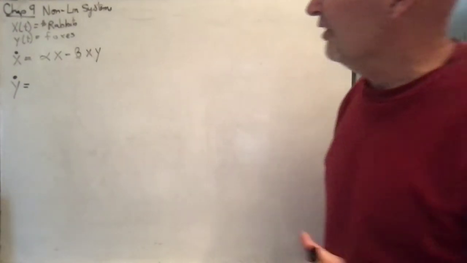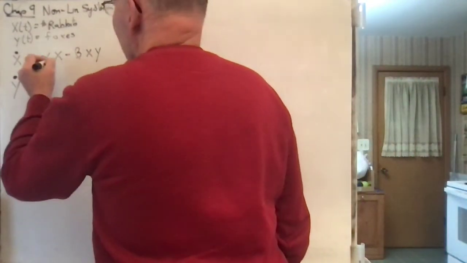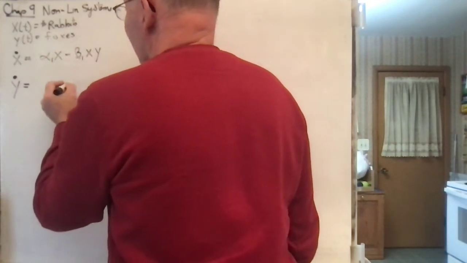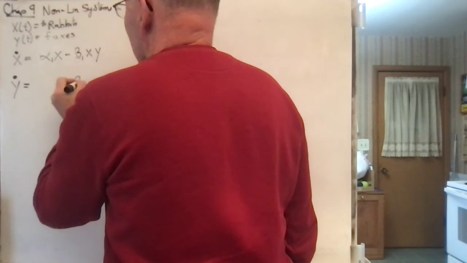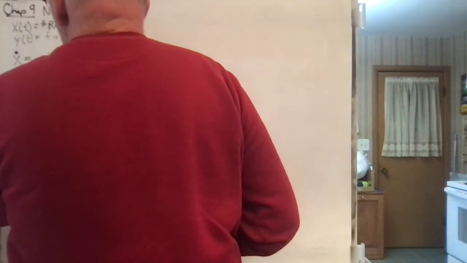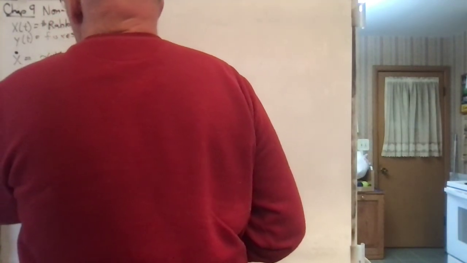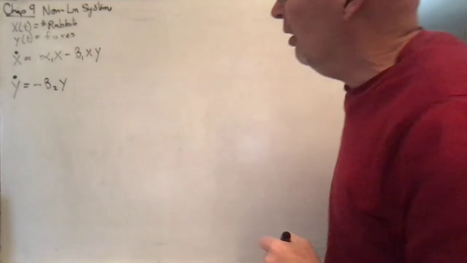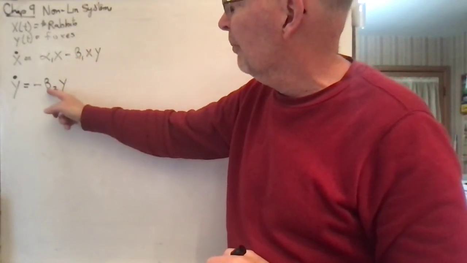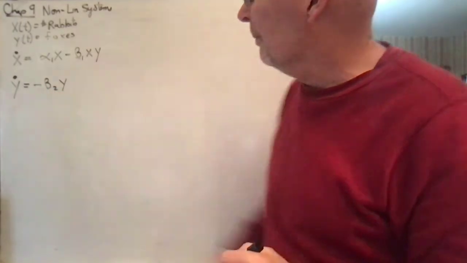What about the foxes? Again, let's put it like that. If there were no rabbits at all, then the foxes would die out. Okay, let me put it over here. Okay, I'll assume all the constants are positive here. So if I want one to be negative, I'm going to put a negative in front.